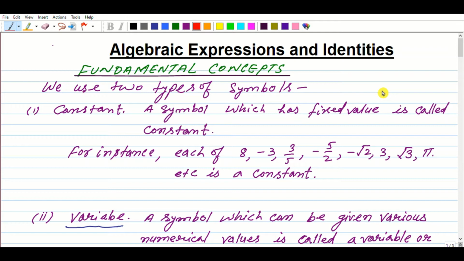Welcome to this session on algebraic expressions and identities. It is related to class 8 and also class 7.